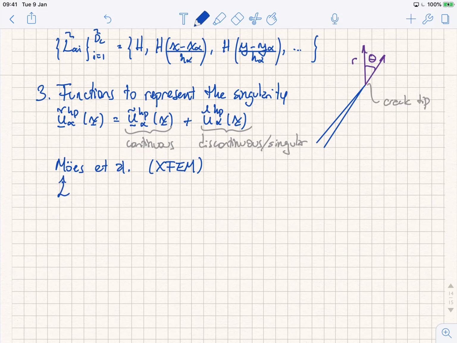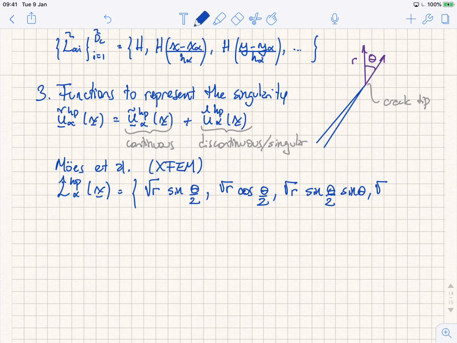The enrichment functions that they used for that original paper are square root of r sine theta over 2, square root of r cosine theta over 2, square root of r sine theta over 2 sine theta, and the square root of r cosine theta over 2 sine theta. So let me just move this.